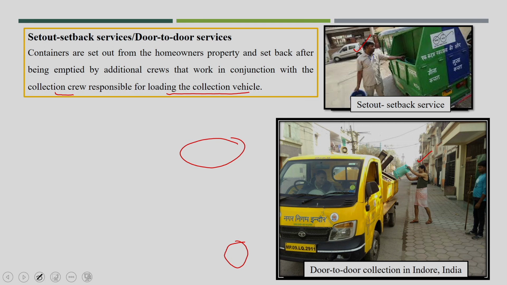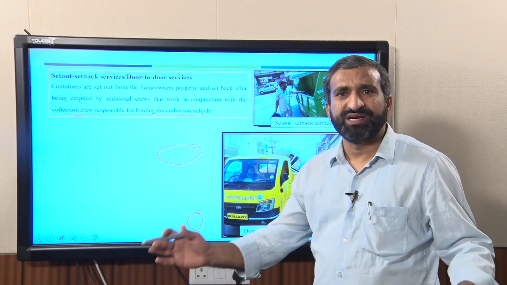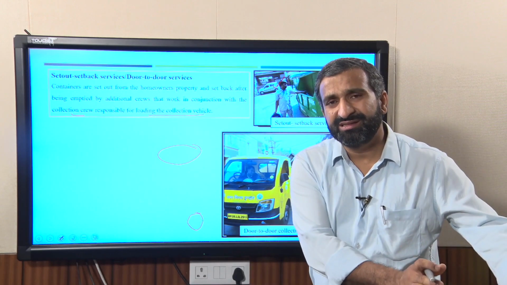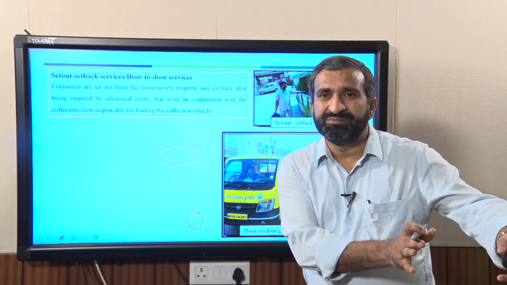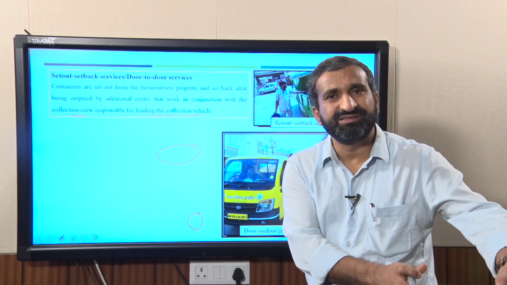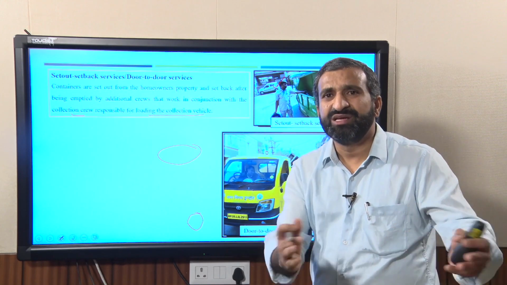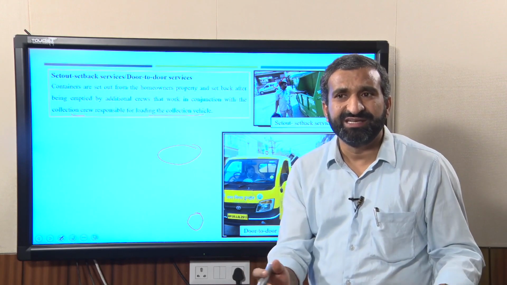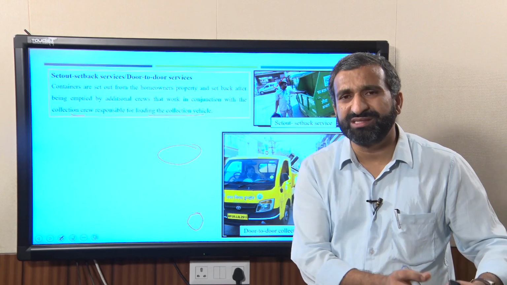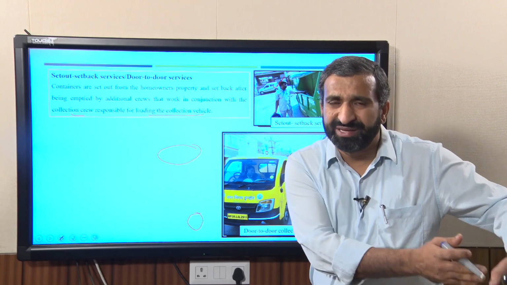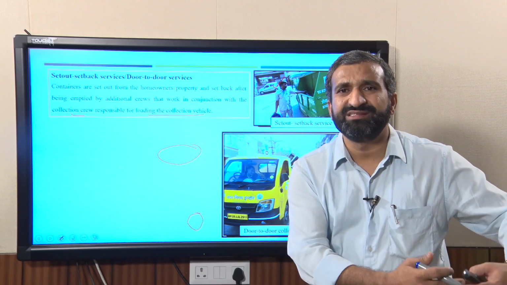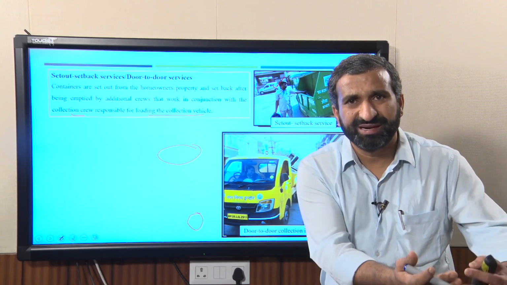So it is possible that in any city and different location, some locations we can have door to door collection system, some location could have curb services, and likewise we can have different kinds of services in the same city, because in some locations, like in the slum area or LIG area, it is very difficult to find some recyclable matter.